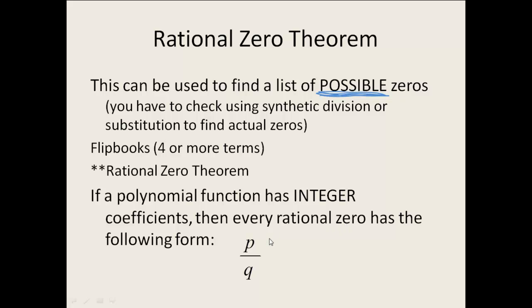And we write it as P over Q. And what you need to realize is that P will always be a factor of the constant term, and Q will always be a factor of our leading coefficient. So make sure you have that in your flip book.